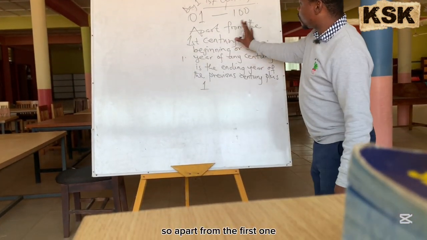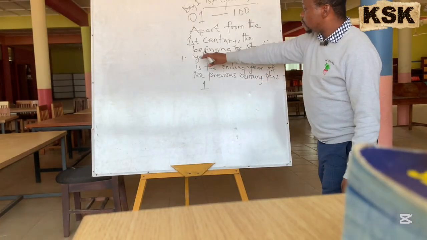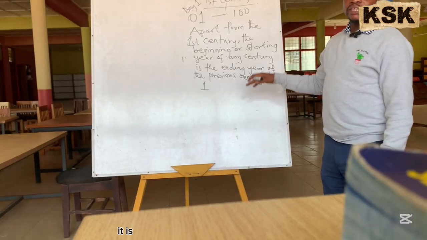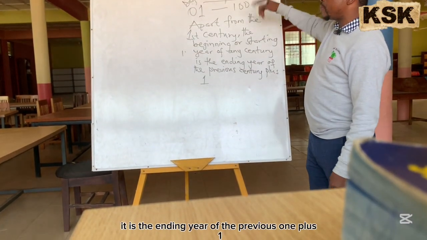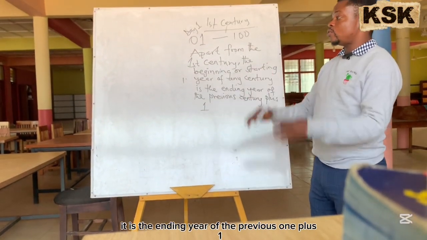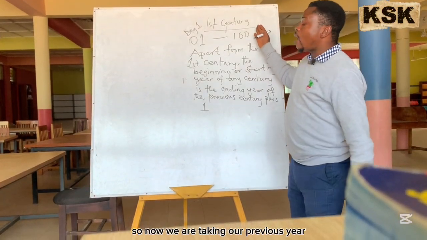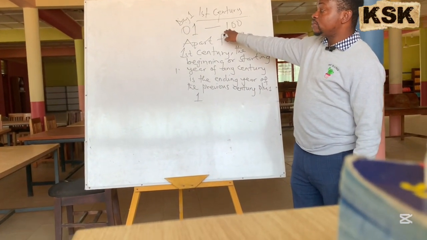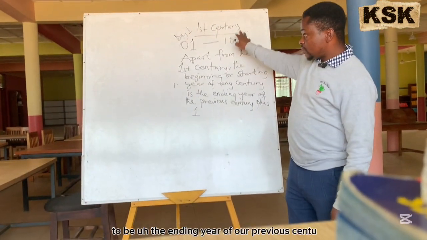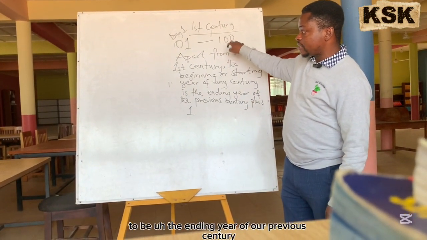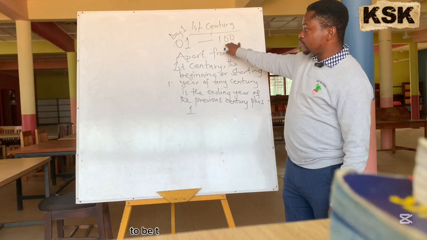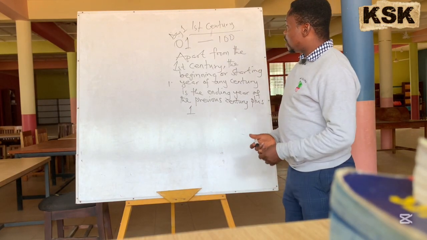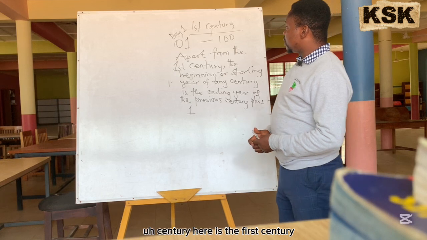So apart from the first one, any other century you want to determine the beginning year, it is the ending year of the previous one plus 1. So now we are taking our previous century to be the first century, and its ending year is 100.